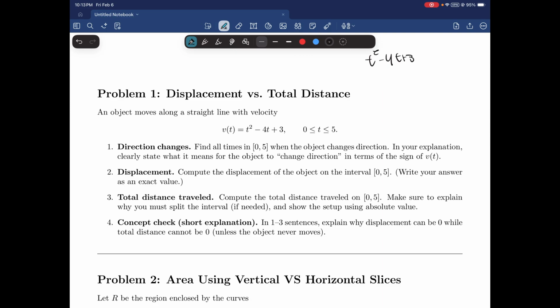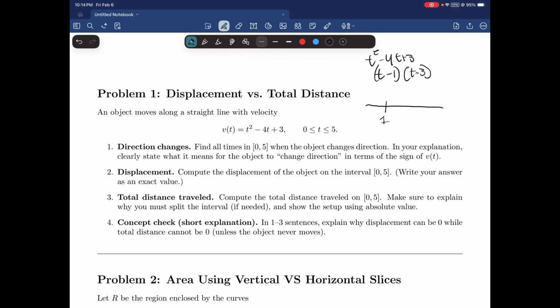Okay, so I guess we'll factor first. So t minus 1 and t plus 3. Or wait, no, that'd be t minus 3. And so let's make a sign chart here.